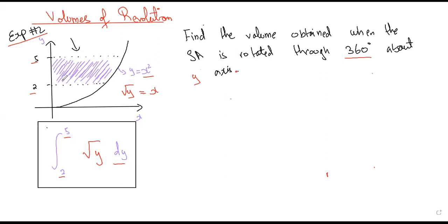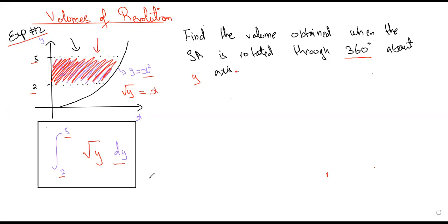I'll share the recording so those who were not able to attend yesterday's class can watch them. But for this, please pay attention. This shaded area would be rotated to an angle of 360 degrees about the y-axis such that a 3D shape would be made, and we need to find that volume.